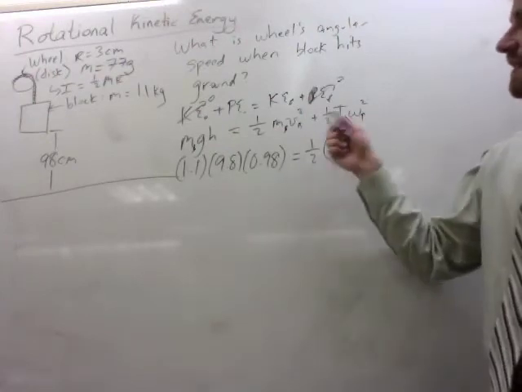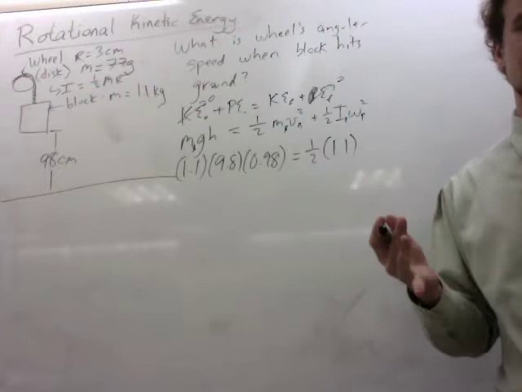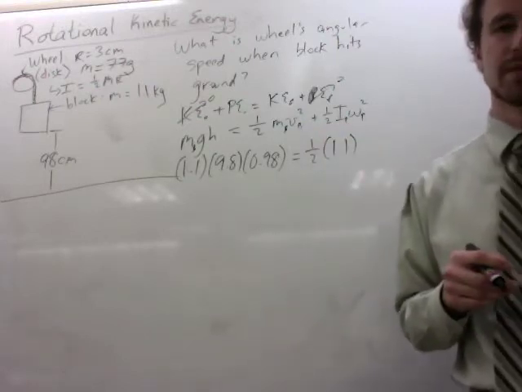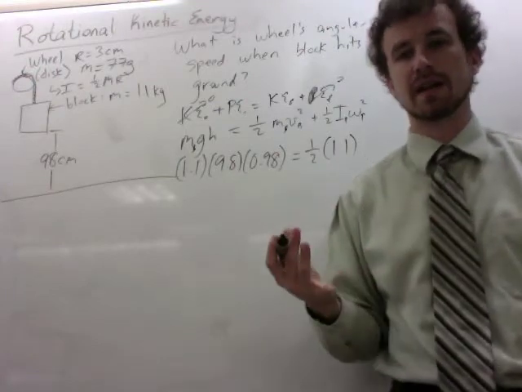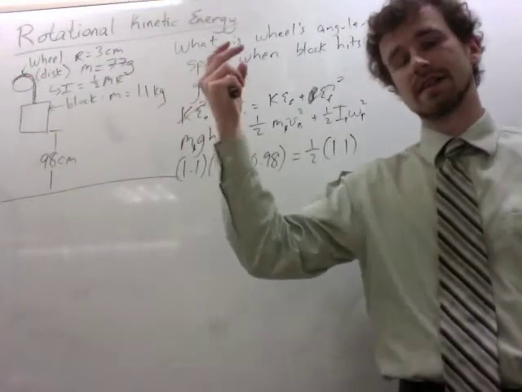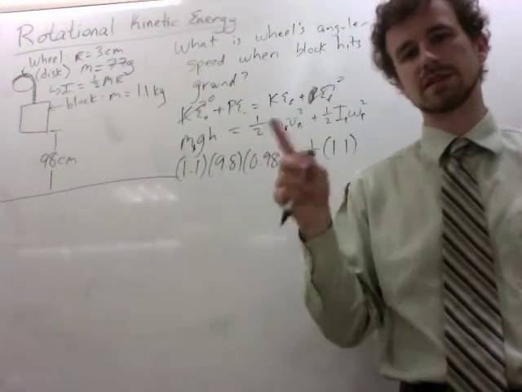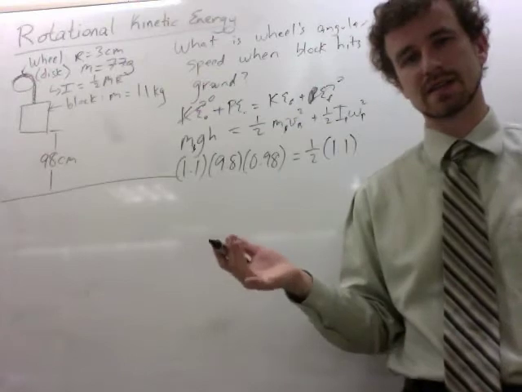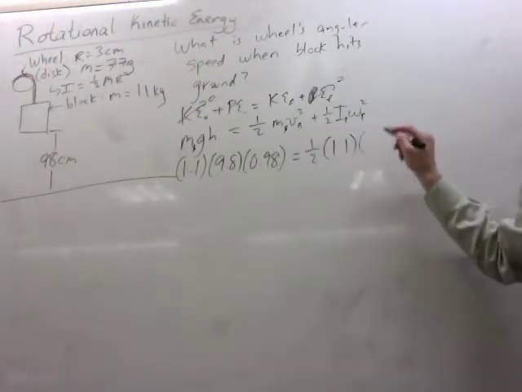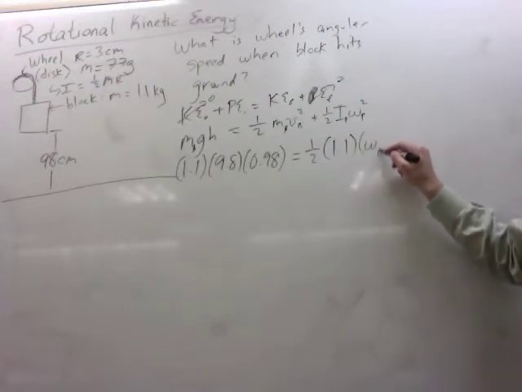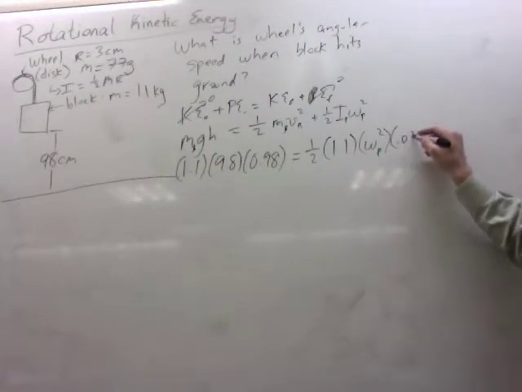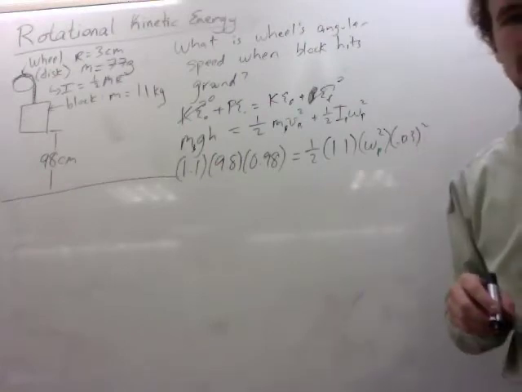It might not seem like it, since the scenario is different, but we can still use that same relationship between the velocity of the block and the angular velocity of the wheel, because as the block rolls down, it is still unspooling that rope and spinning the pulley at the same rate as the block moves down. So we can still call this an omega times radius of our pulley squared.